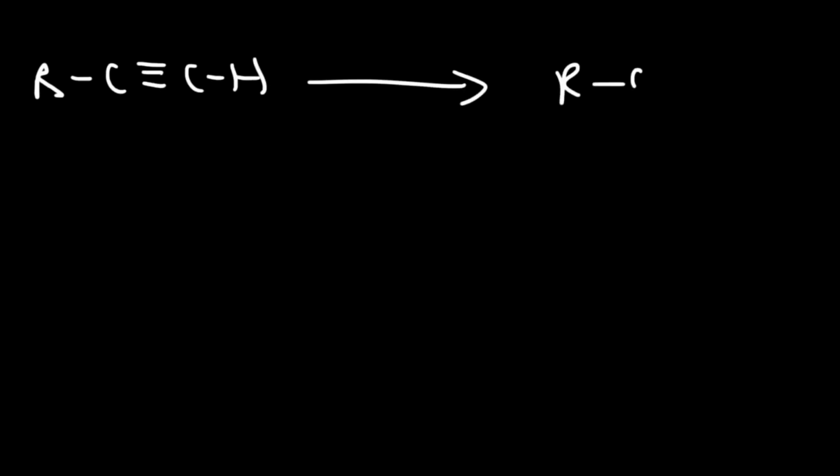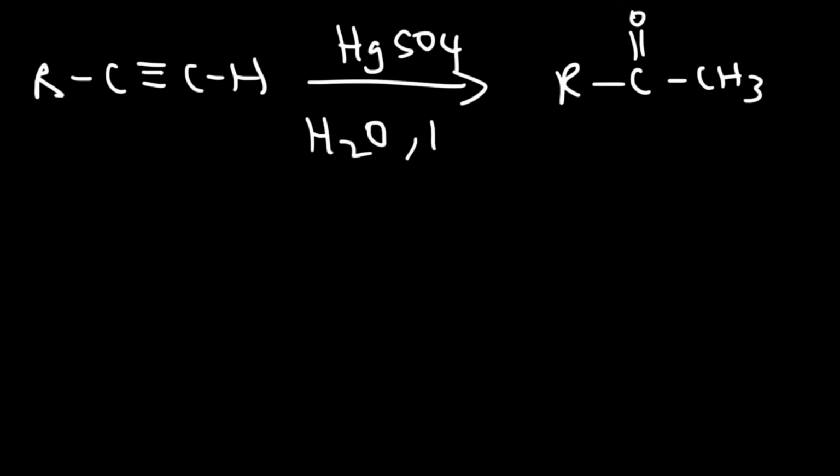Now here's a question for you. How can we propose a mechanism for the conversion of this alkyne into a ketone using mercury sulfate with water and sulfuric acid? Feel free to pause the video and propose a mechanism for this.